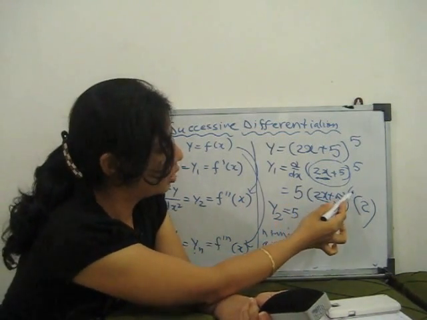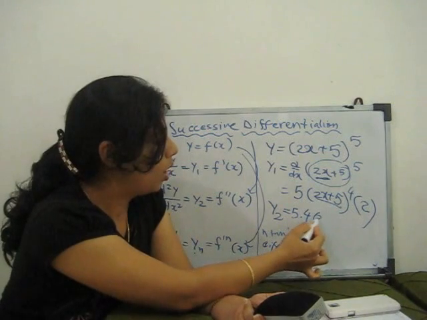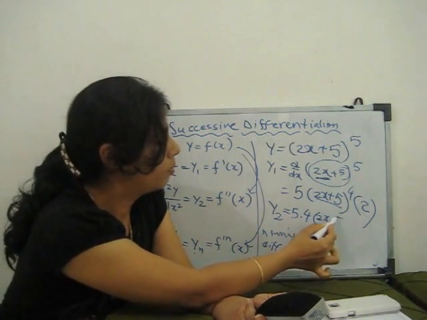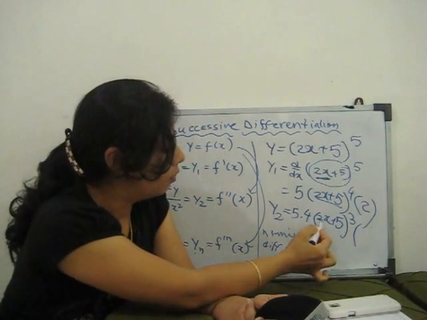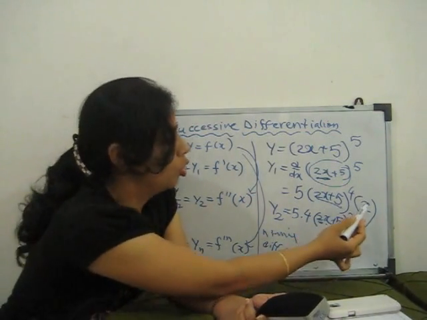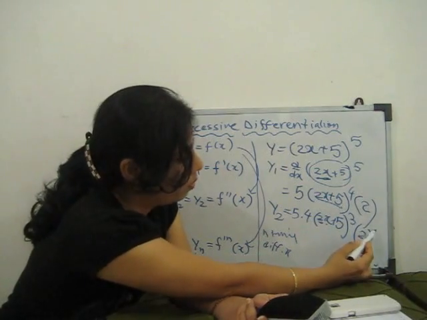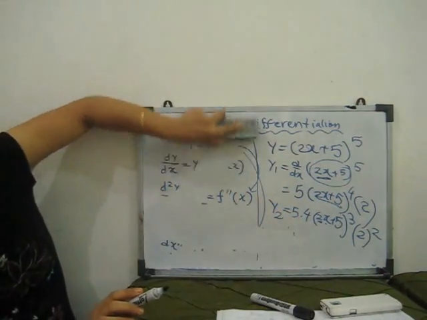If we want the second order derivative y2, again the constant 5 stays as it is. Now one time differentiation of this, so 4 comes, 4 (2x plus 5) to the power 3, and again the differentiation of 2x is 2. So 2 is already here, 2 to the power 2. This is second order differentiation.